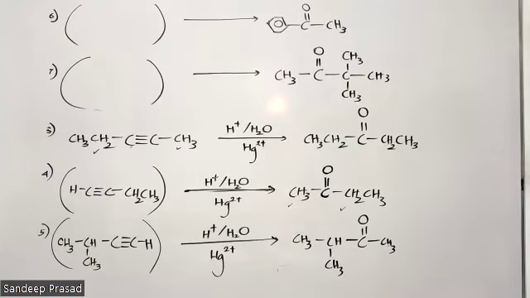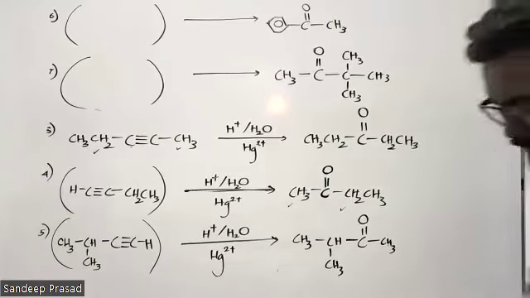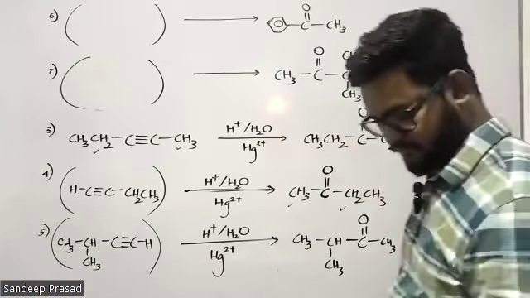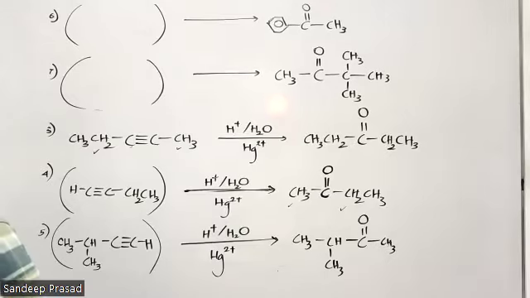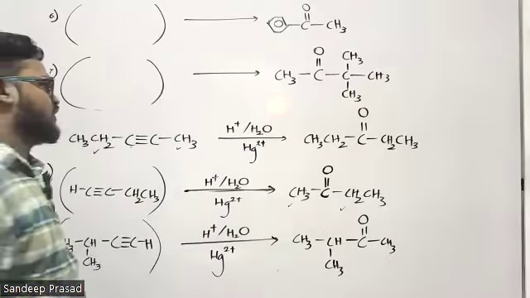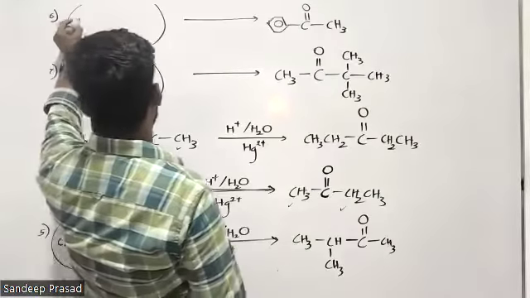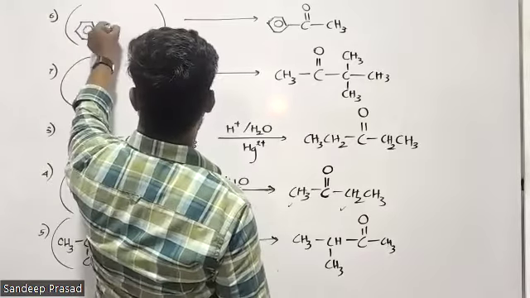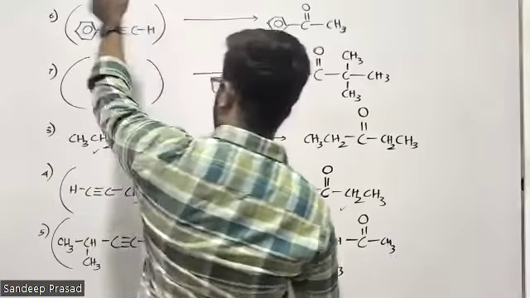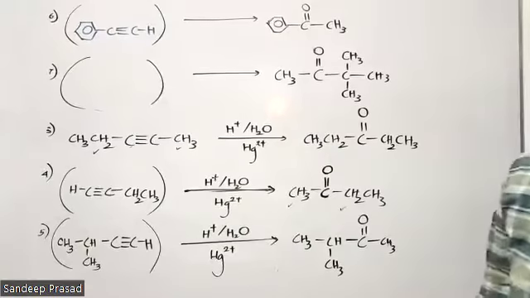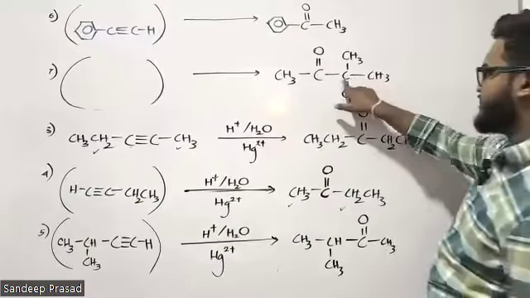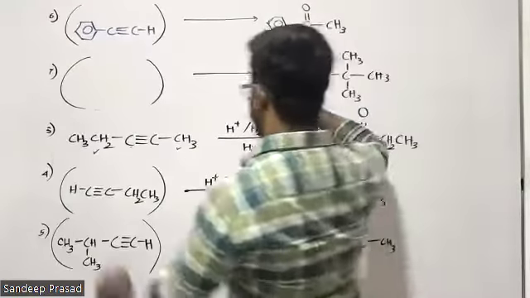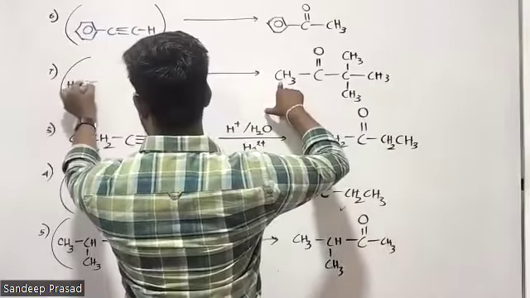What about 6 and 7? So nothing different, the same thing. You can say it in this way. And here this is not containing hydrogen. Then the triple bond should be in between these two carbons.